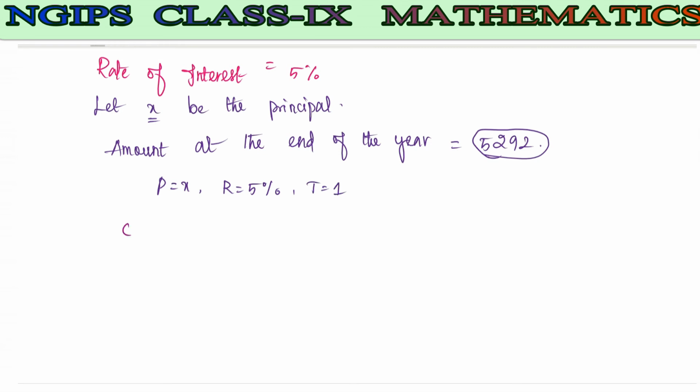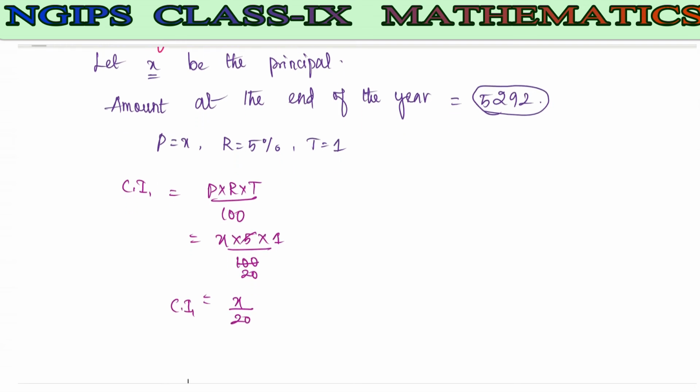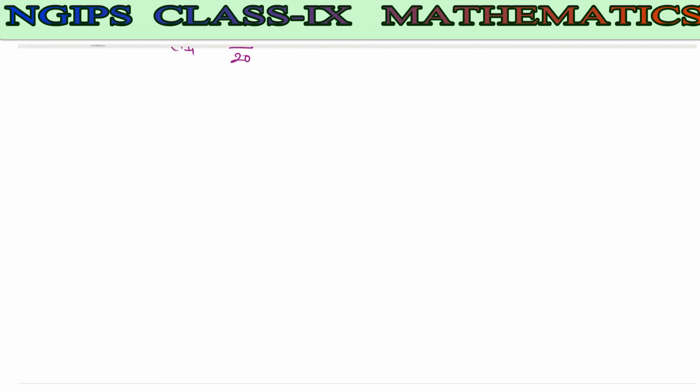So here first year compound interest is equal to P into R into T divided by 100. So the principal is x into R, which is 5 into 1 divided by 100. So 1 5 is 5, 20. So you will get x by 20. It is going to be the first year compound interest. Now we are going to find the amount.